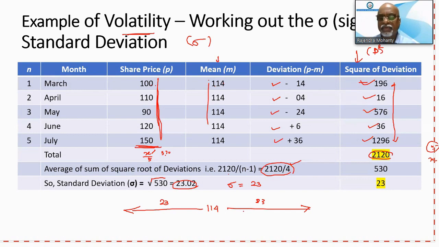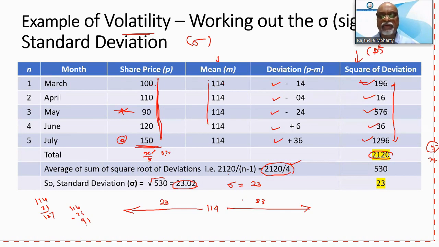It may not give you the accurate figure, because here the lowest price was 90. This was the lowest price and this was the highest price. So it may not give you the exact answer, but approximately we can reach it. So 114 plus 23 is 137. 114 minus 23 means it is 91.